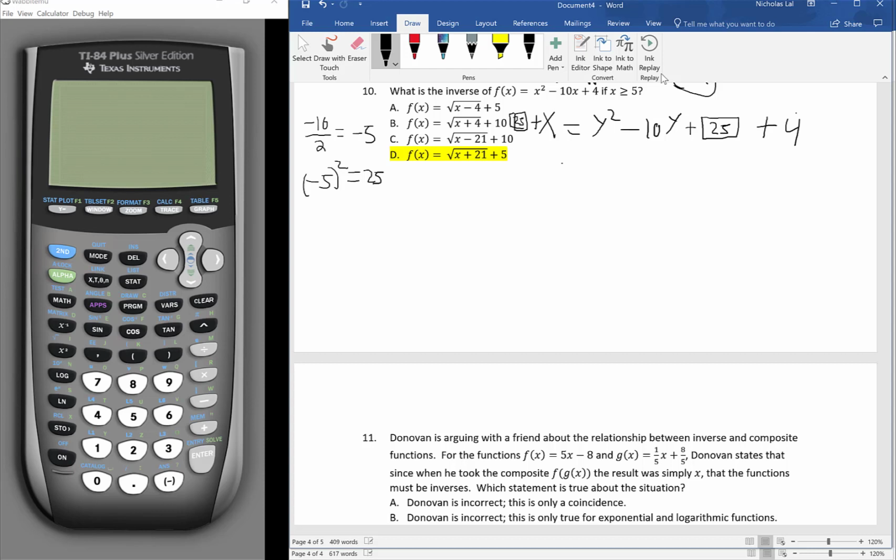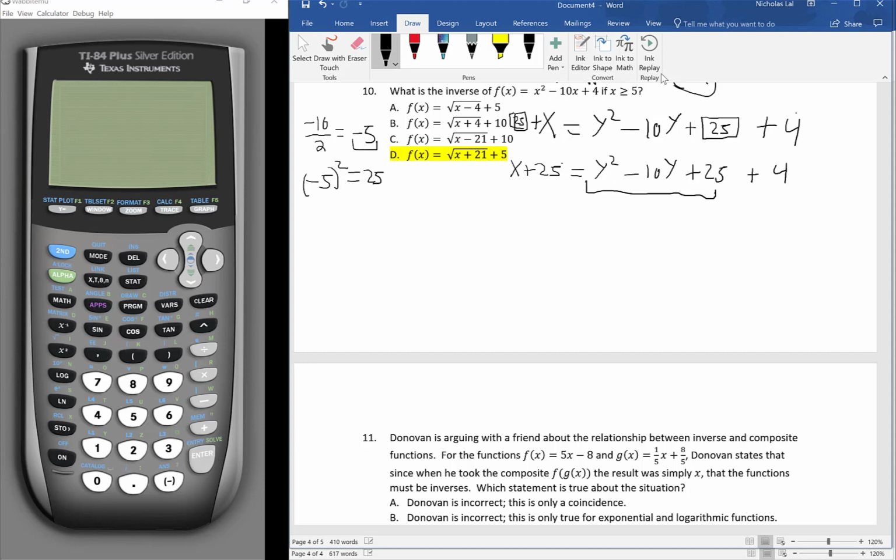So you have x plus 25 is equal to y squared minus 10y plus 25 plus 4. All right, now this will factor into, what was the first term from completing the square? y minus 5 squared.